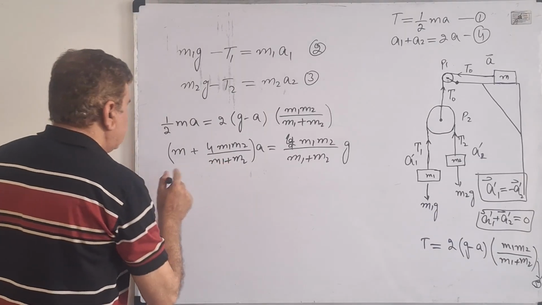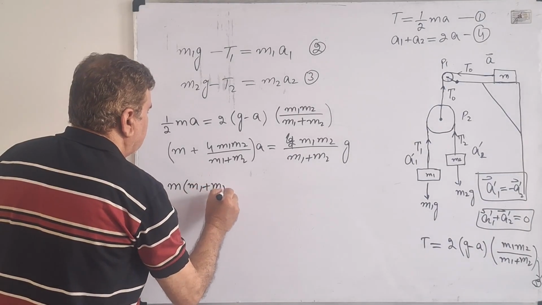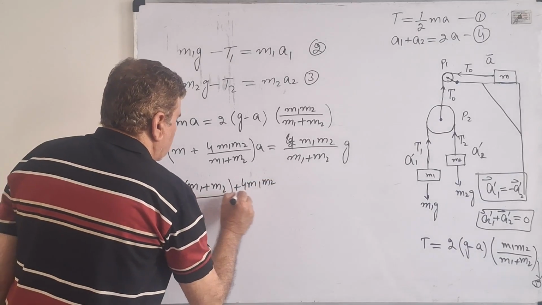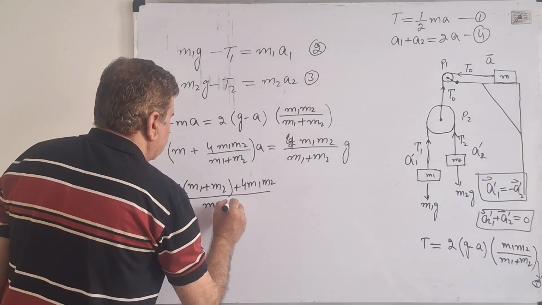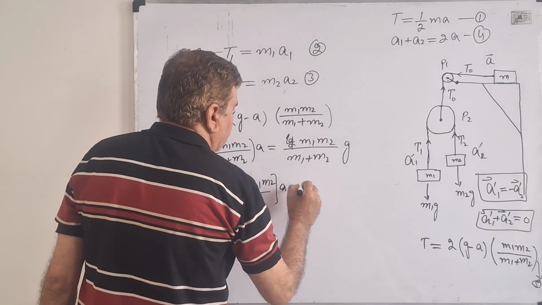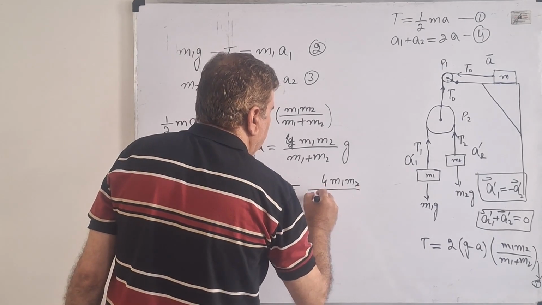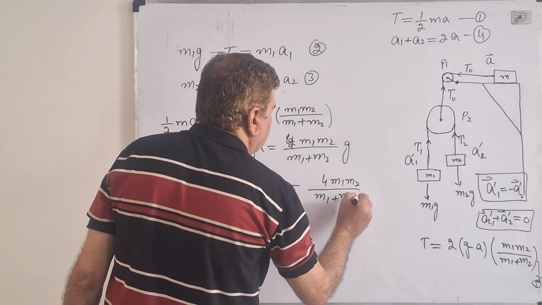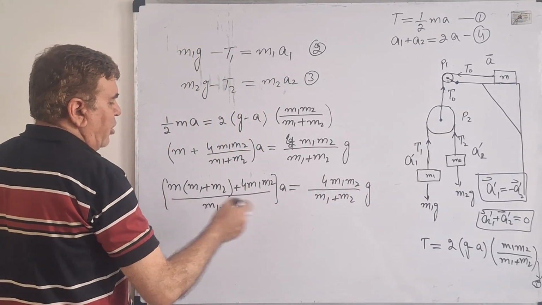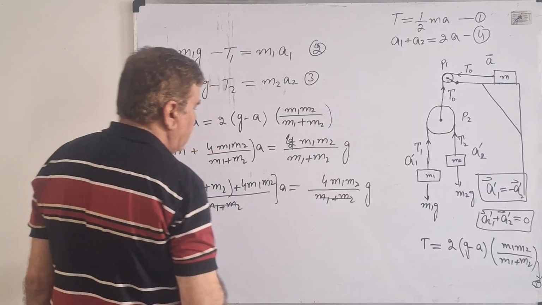Now I take the LCM of this part, so it would give me m into (m1 plus m2) plus 4 m1 m2, divided by m1 plus m2, multiplied with A, and this is equal to 4 m1 m2 divided by m1 plus m2 multiplied with g. Since we have the same denominator on both sides of the equation, I cancel it.